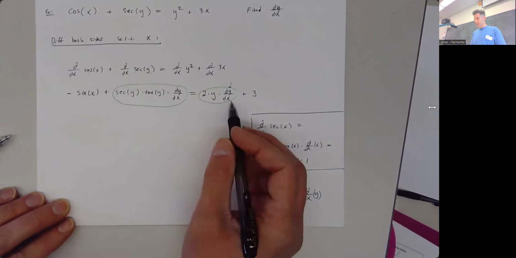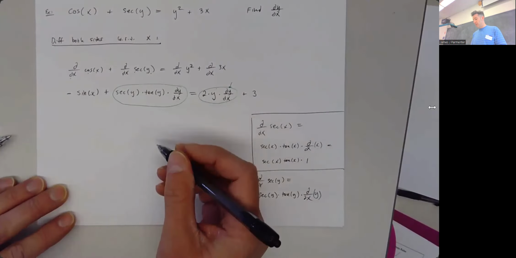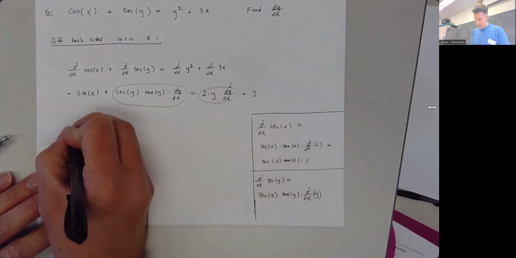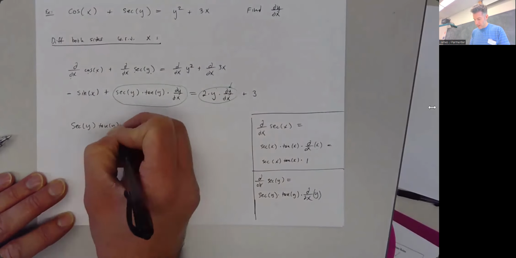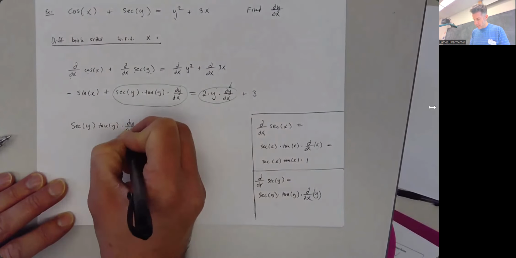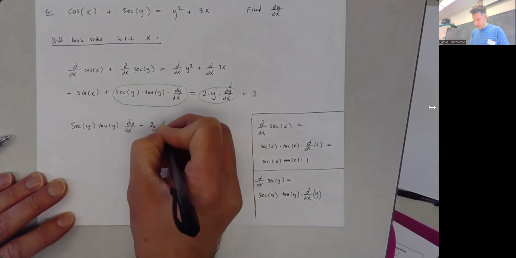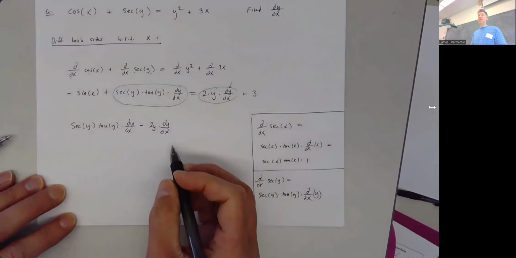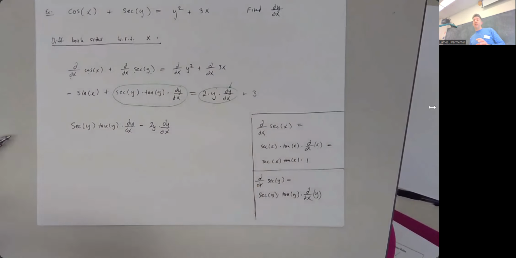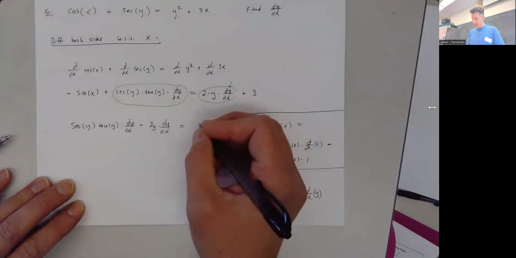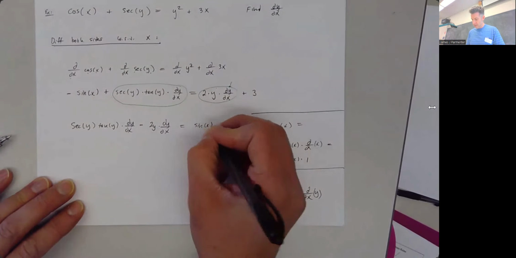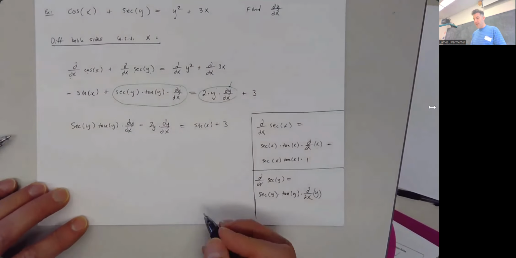Now we're going to bring these things in green to the same side, and I'm going to bring them to the left. So I have secant of y, tangent of y, times dy dx, minus 2y times dy dx. I often combine this step with the next step and also factor out the dy dx at the same time because it's not too hard to do. And then adding sine to the other side, I get sine of x plus 3.